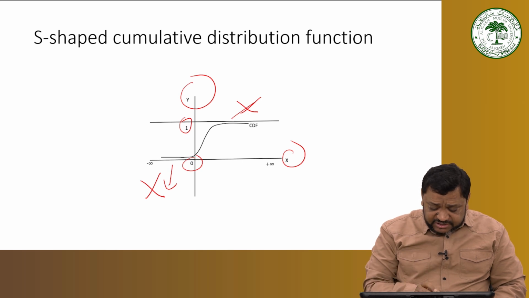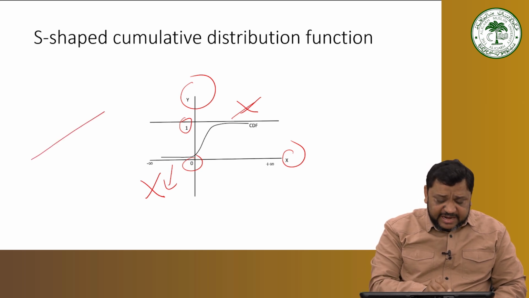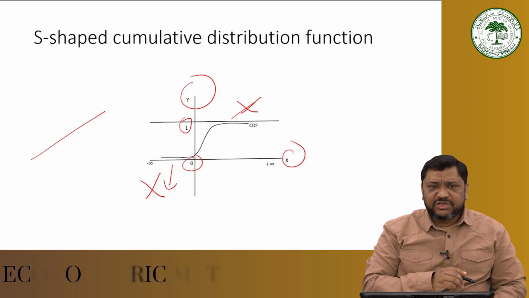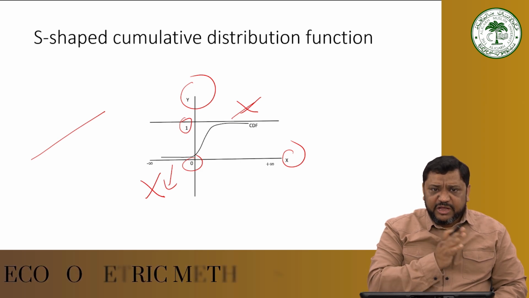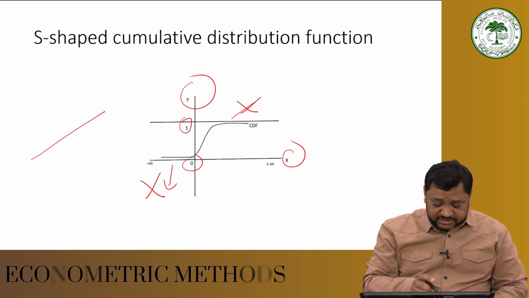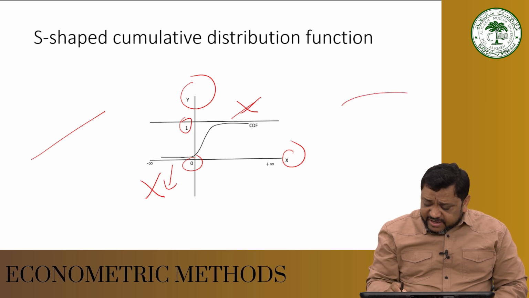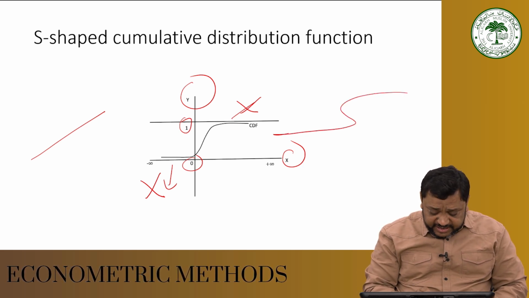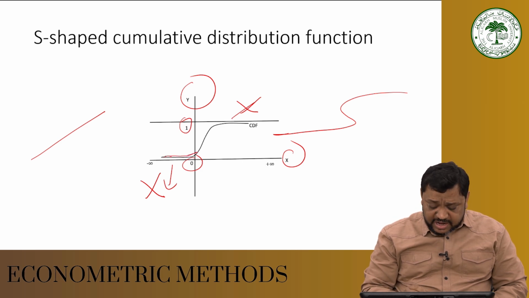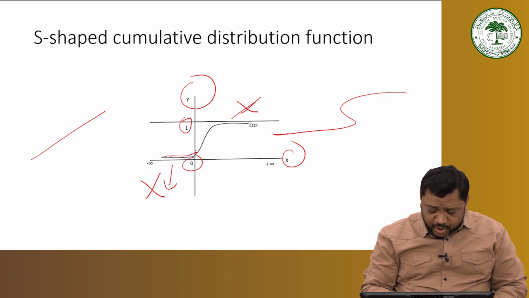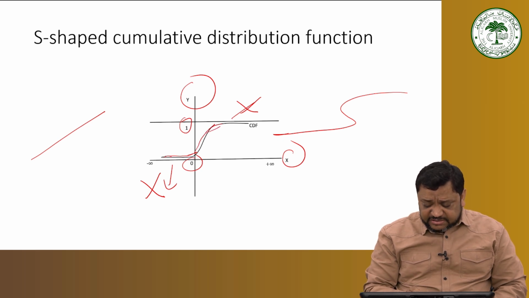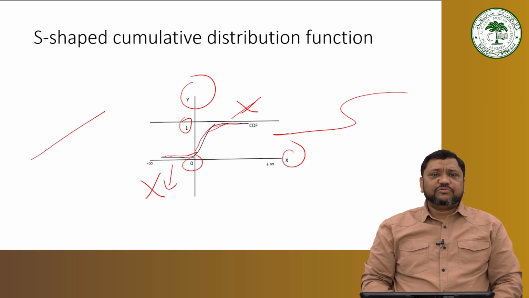And second thing, see this, it is not a straight line or an exponentially increasing line. It has a definite S structure. It increases slowly, then after a particular point it increases drastically, and then again it moves slowly.